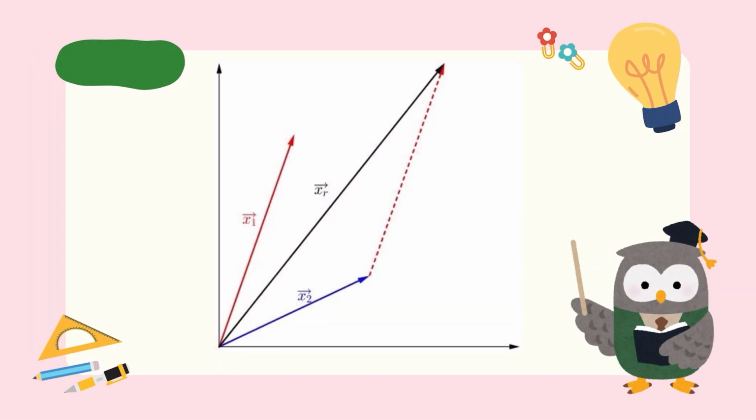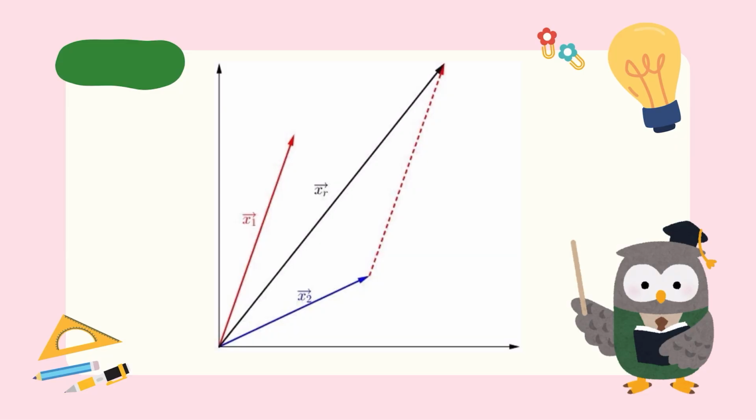Let's move on to another method, and that is the parallelogram method. The parallelogram method literally means you form a parallelogram to get a resultant by using the two vectors, or we can say we add up two vectors to get a new resultant vector.